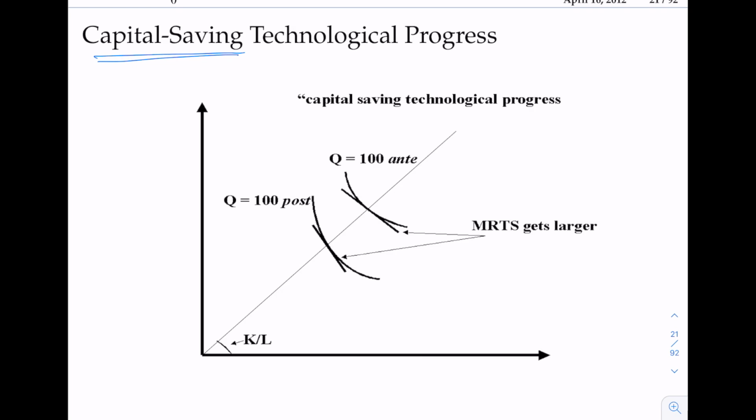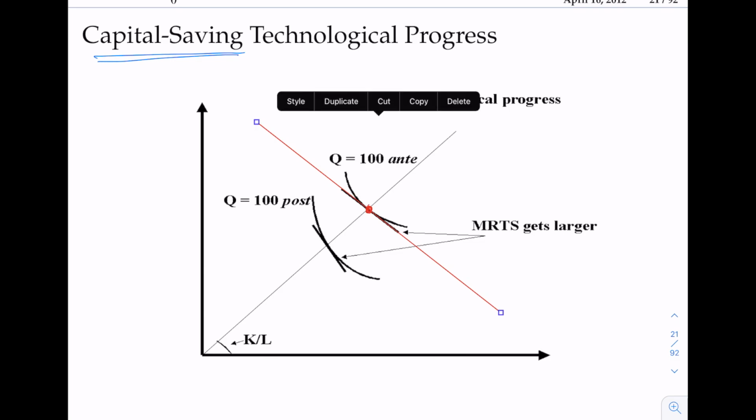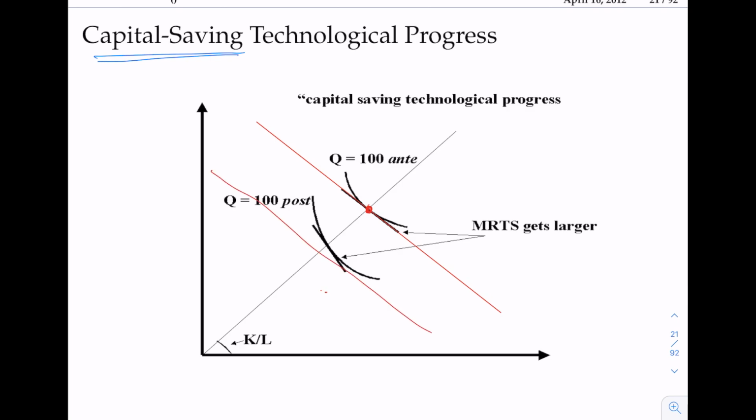So capital saving technological progress will be the opposite picture, right? So let's say initially your optimal decision was something here, right? And your optimal decision was here, and this never works somehow.